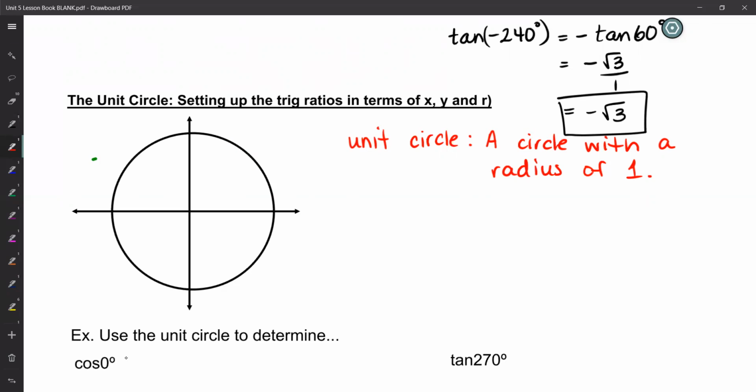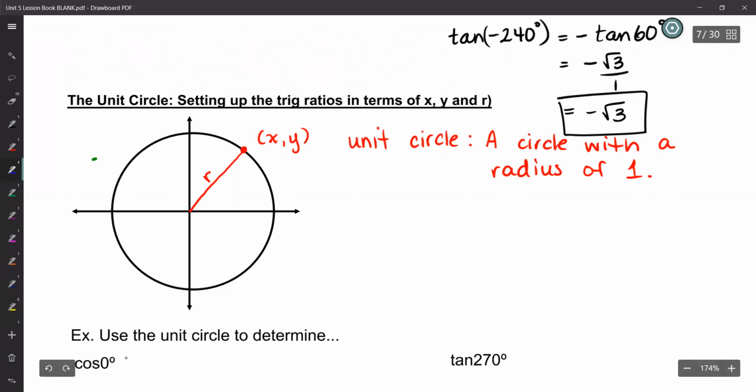So the reason why we use right triangles in trig is if I have a point, let's say some point xy on the outside of my circle, what's going to happen is I have some sort of radius, of course, that goes from the center of that circle to the outside. So this is my radius of my circle.